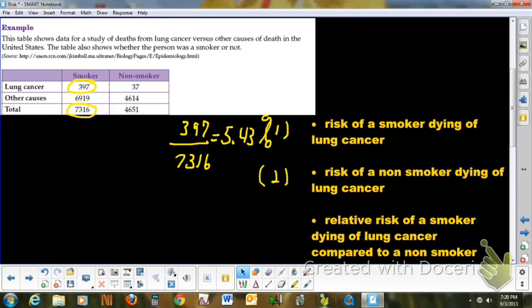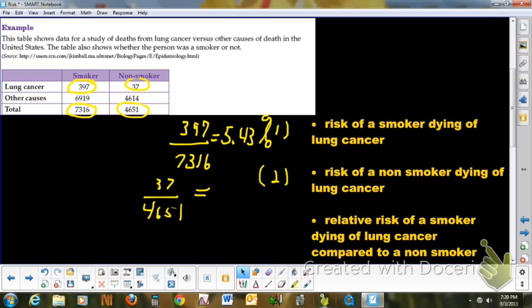And we'll do the same thing with the risk of a non-smoker dying of lung cancer. So we'll take a look at the non-smokers. So we've got 37 out of 4,651. Again, what's the probability of a non-smoker dying of lung cancer, or given that somebody's a non-smoker, what is the probability that they will die of lung cancer?